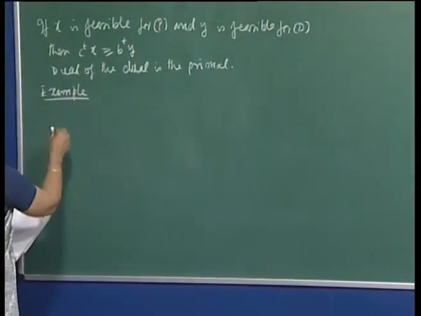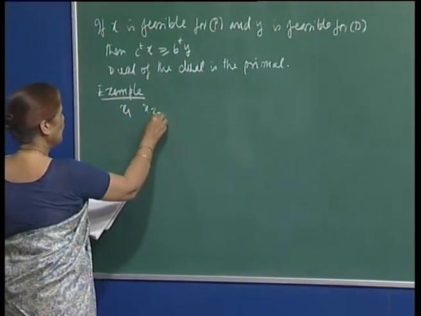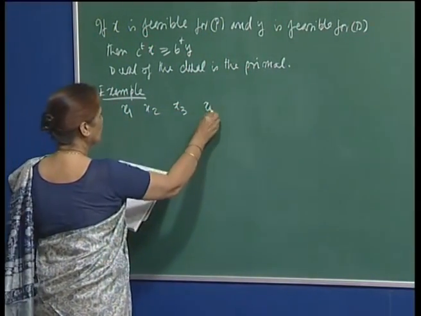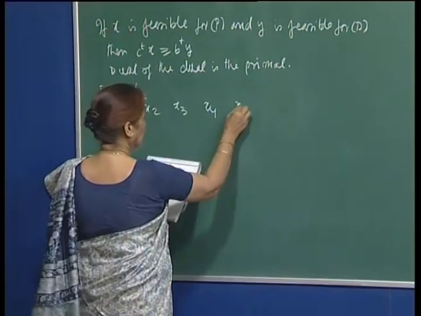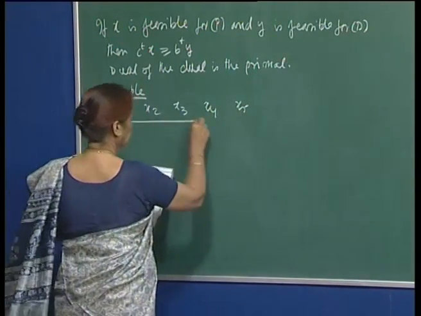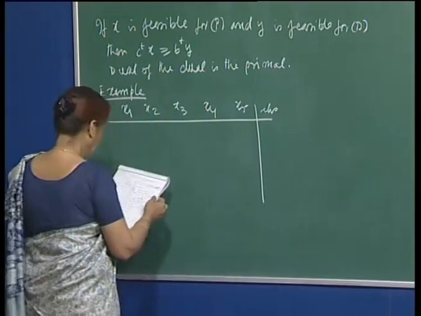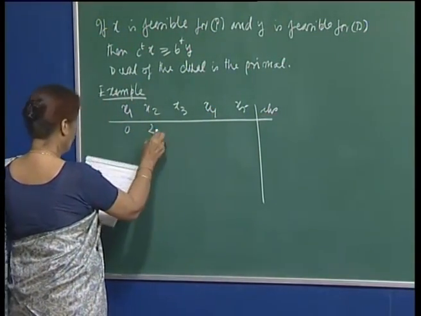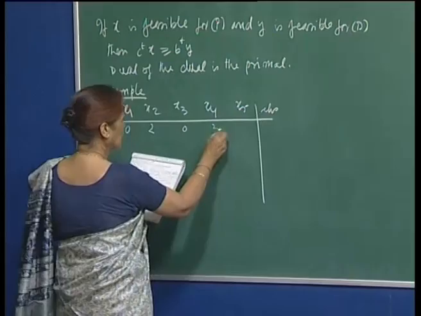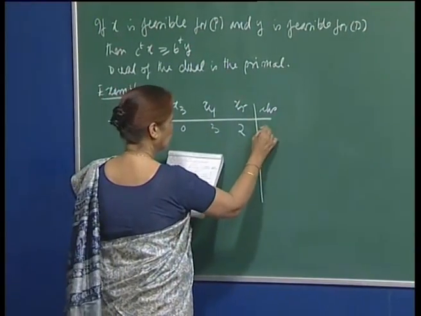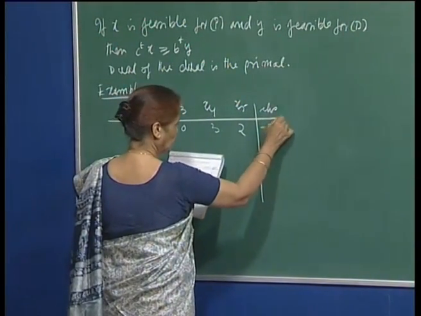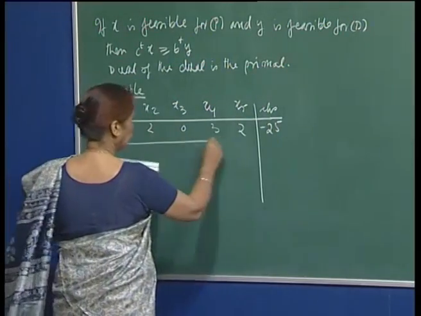So, here let us see: x1, x2, x3, x4, x5, and this is the right hand side. Top row is 0, 2, 0, 3, 2. The negative of the objective function value is 25.